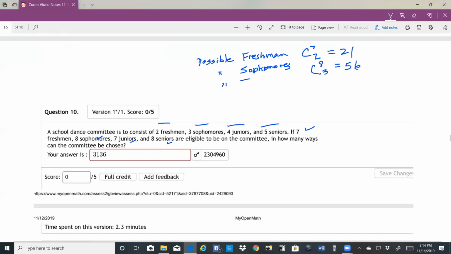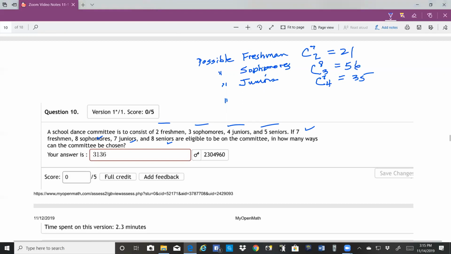The possible juniors is going to be a combination of 7 juniors that are available, taking 4 at a time, because there are 4 that you have to pick, and that is equal to 35.